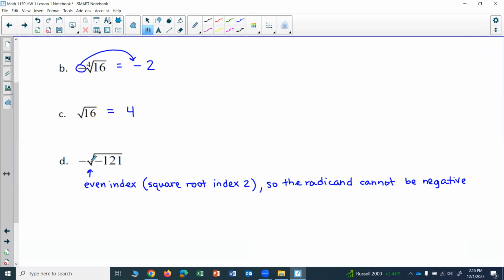So as soon as I see the square root of negative 121, I would go ahead and say that that is not a real number. All right, so that's how you evaluate radicals.